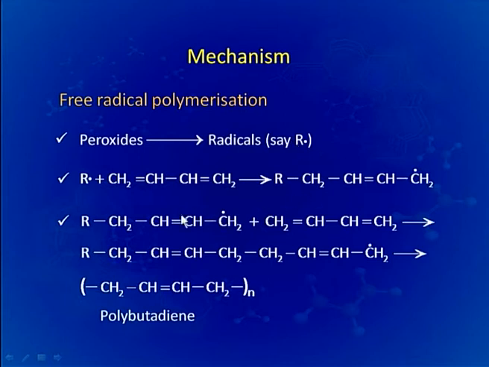In the second step, which is called the propagation step, this free radical will attack another molecule of butadiene and in the same way this will continue. So, we will be getting a long chain of free radical. Finally, the termination step takes place when different chains of free radicals combine together to give us polybutadiene.